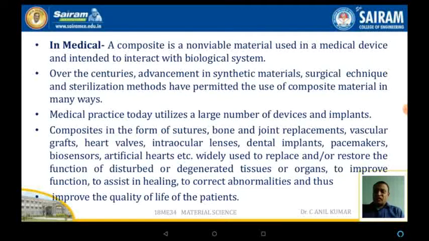Medical practices today utilize a large number of devices, and even implants are fabricated using MMC methods.